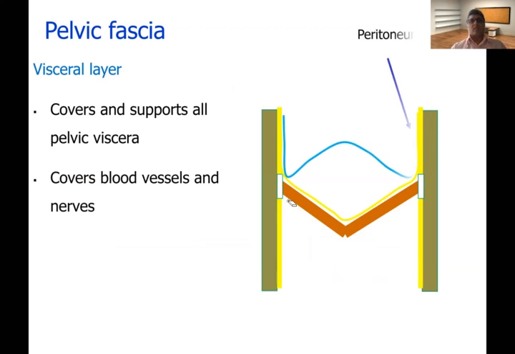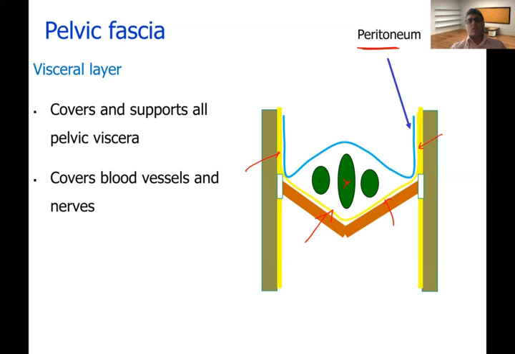So then what is visceral pelvic fascia? Now we have said that this blue line is the peritoneum. Peritoneum gets reflected over the pelvic organs the way we have described already. So you get parietal pelvic fascia here on the lateral wall and on the pelvic diaphragm, and you get this blue line of peritoneum.